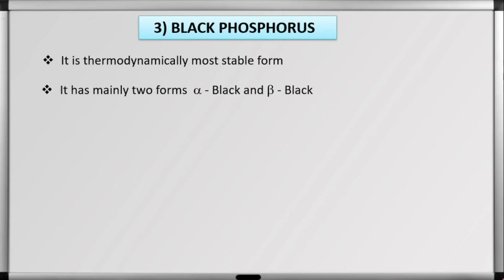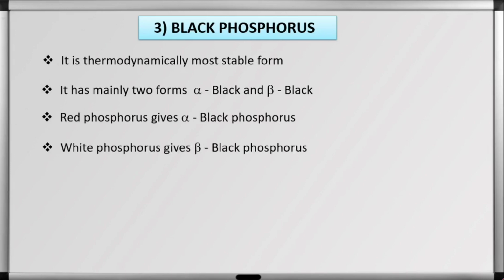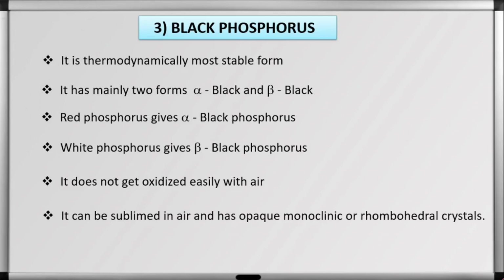It is mainly formed as alpha black and beta black; these are its two forms. Red phosphorus gives alpha black phosphorus and white phosphorus gives beta black phosphorus. So black phosphorus is obtained from red and white phosphorus. Note that it does not get oxidized easily in air. It can sublime in air and forms opaque, monoclinic or rhombohedral crystals.